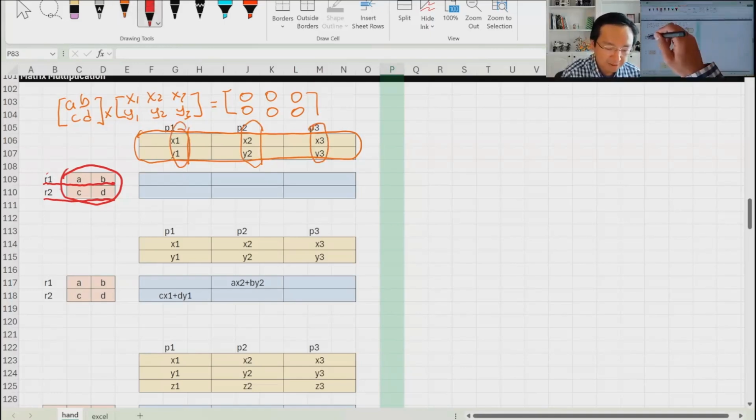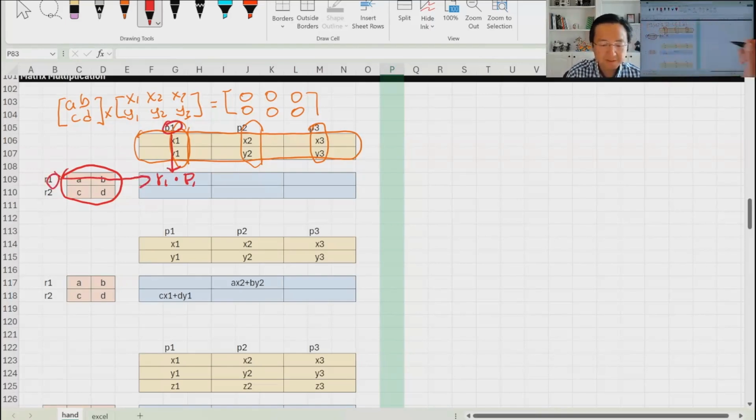With this kind of arrangement, each cell is just a dot product between a row vector and a column vector. It's very easy to visualize the correspondences. Let's erase this so you can see. This one is going to be R1 dot P1, just because of how the two intersect.